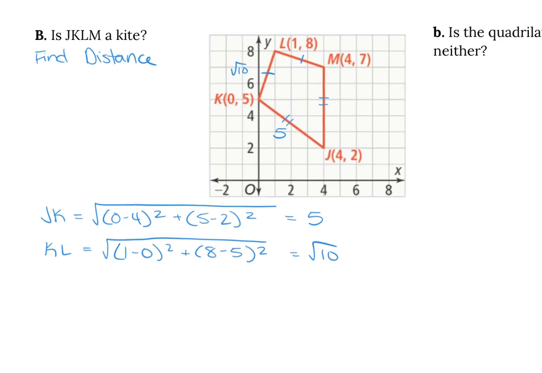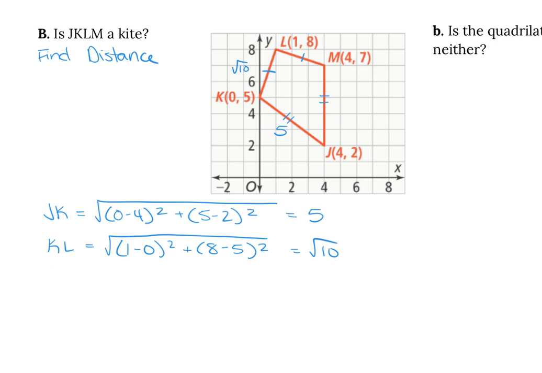We'll check our last two sides. Okay, that does give me the same measure, so LM, this one is also square root of 10, so far it's looking good. Let's check our last side.